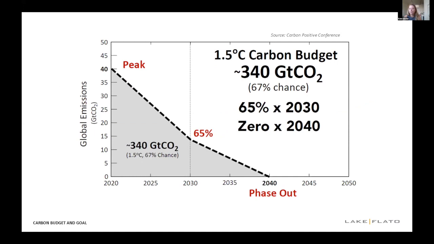And so carbon emissions, unfortunately, are continuing to peak, and we know that we have to start reducing them now. It's very clear that we have a carbon budget that's available, and we can't go past that 1.5 degrees Celsius impact. And this isn't just buildings in general, but refers to the built environment as a whole. We have some goals set in place, such as achieving a 65% reduction by 2030 and hopefully phasing out by 2040.